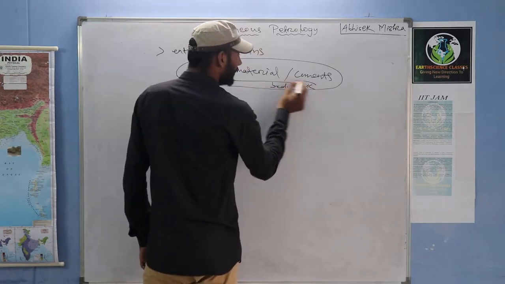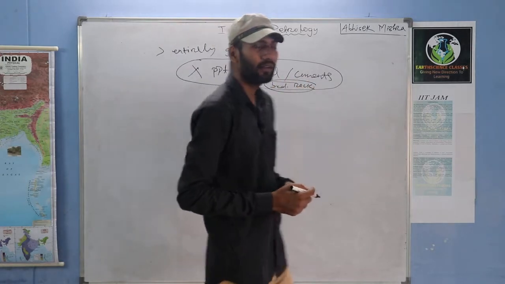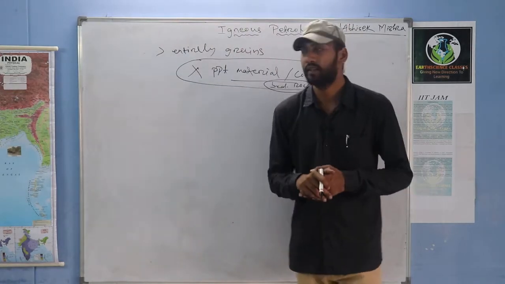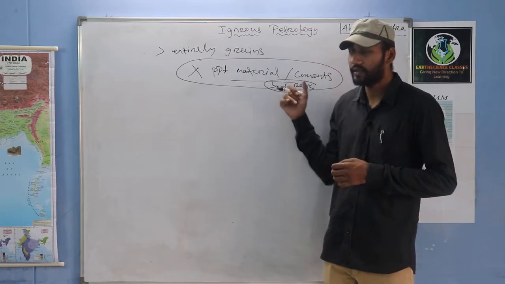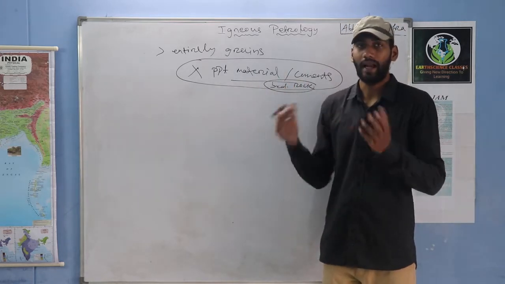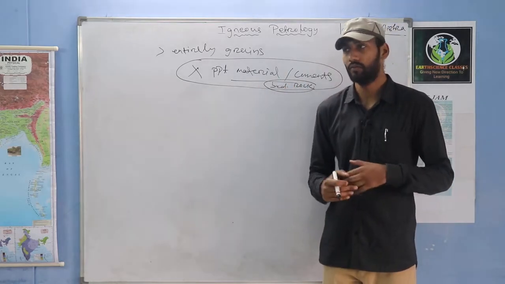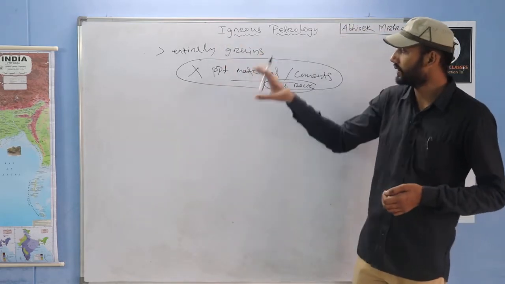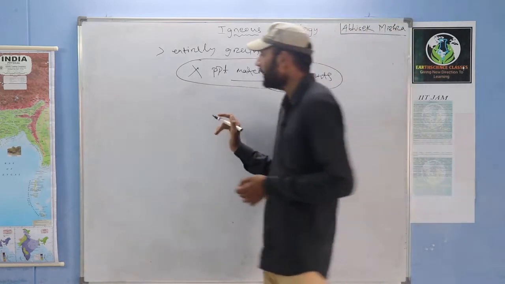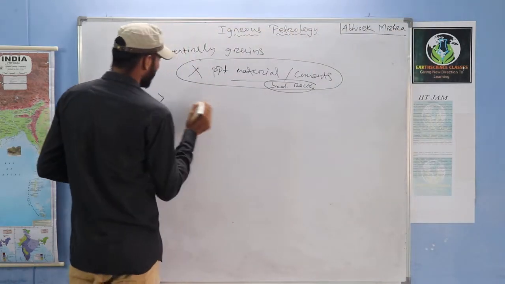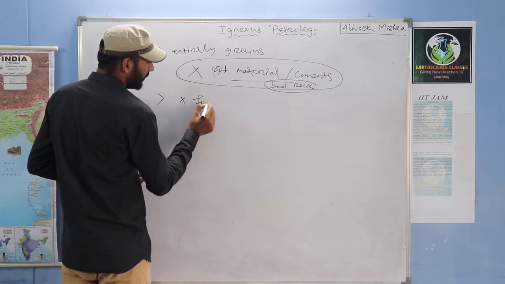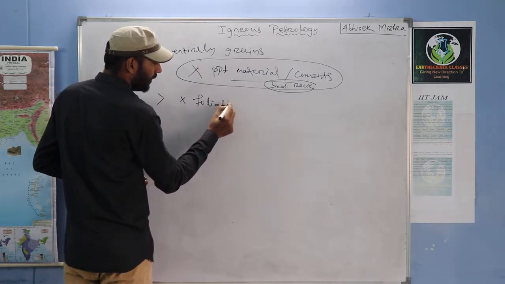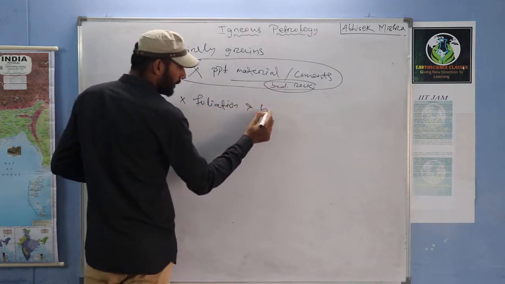To bind the grains, right? In sedimentary rock, when the grains are deposited, this precipitated cement acts as binding material to bind the grains together. But in igneous rock, we cannot find them. Second thing, there is a lack of foliation and bedding.